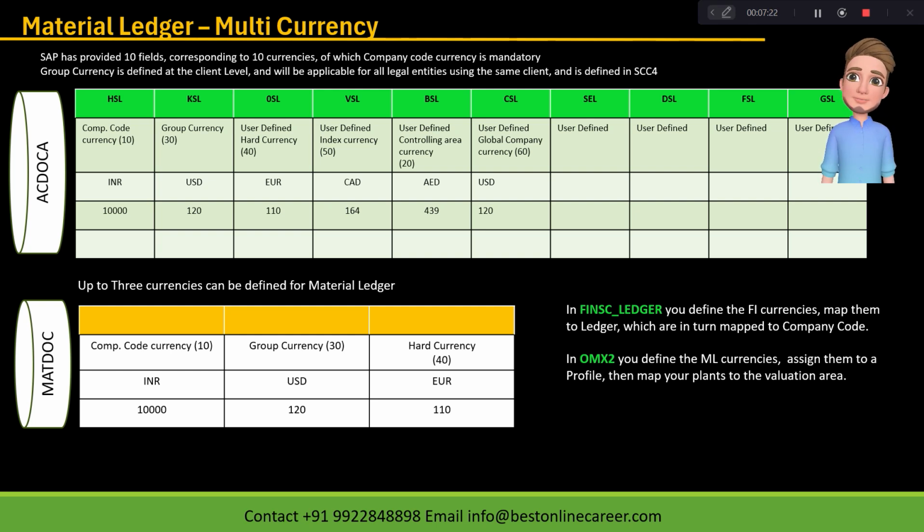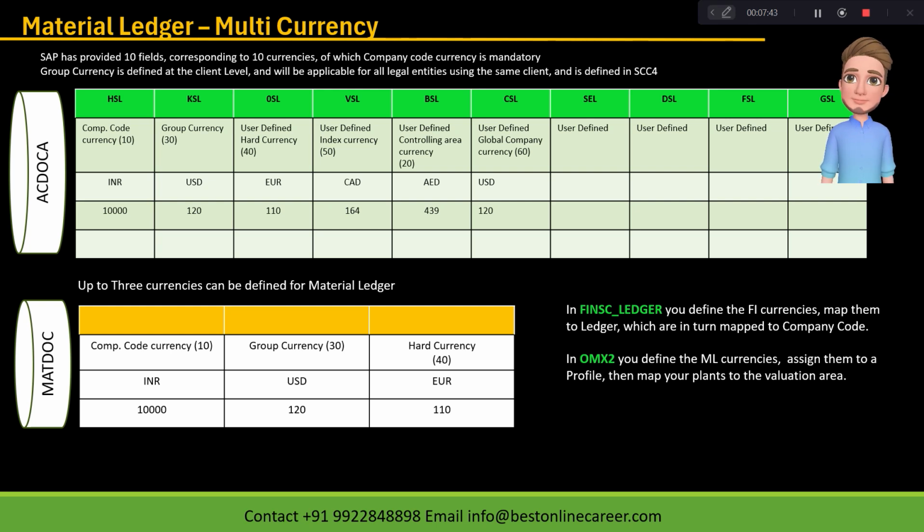The legal entity is for statutory purposes, so you have to report your financial numbers to the stakeholders, to the statutory agencies, to the federal government, etc. So you have something called company code currency, which is mandatory. Company code currency is completely mandatory. Apart from that, you have something called group currency.